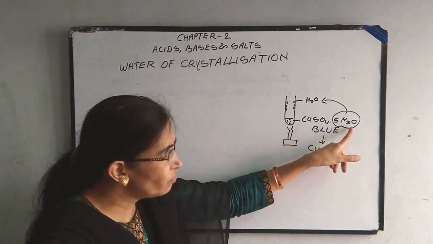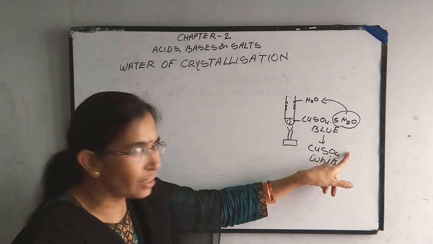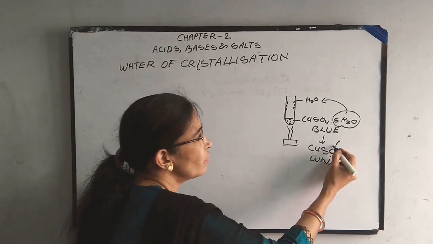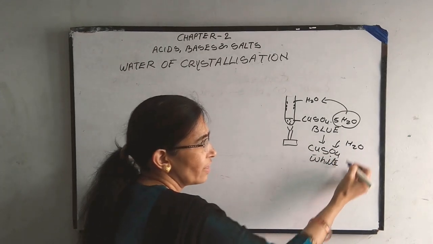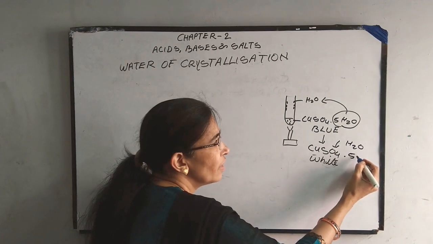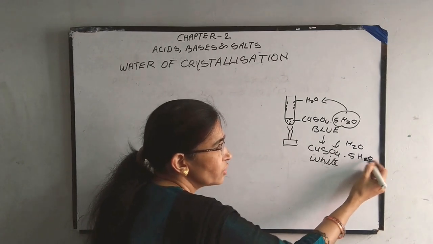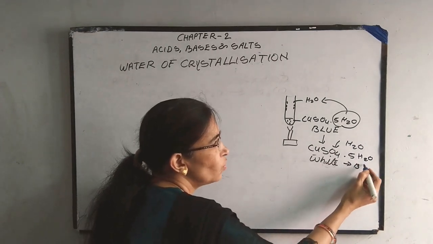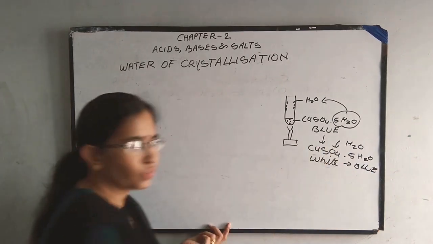So that 5H2O is responsible for the color. If I put water back, it again becomes 5H2O and the color changes from white to blue. Got this now?